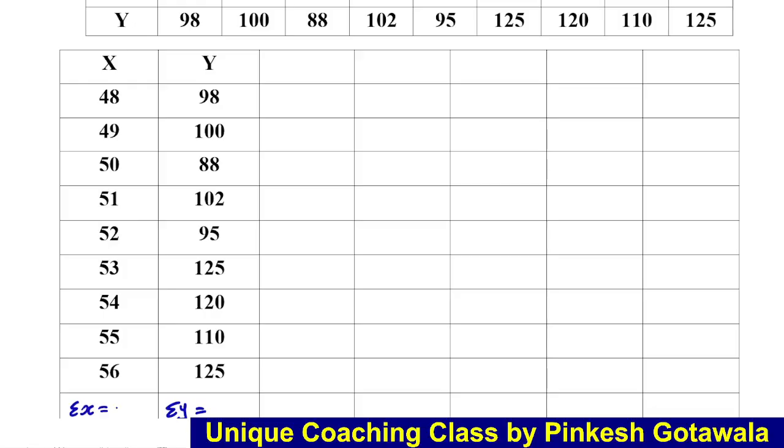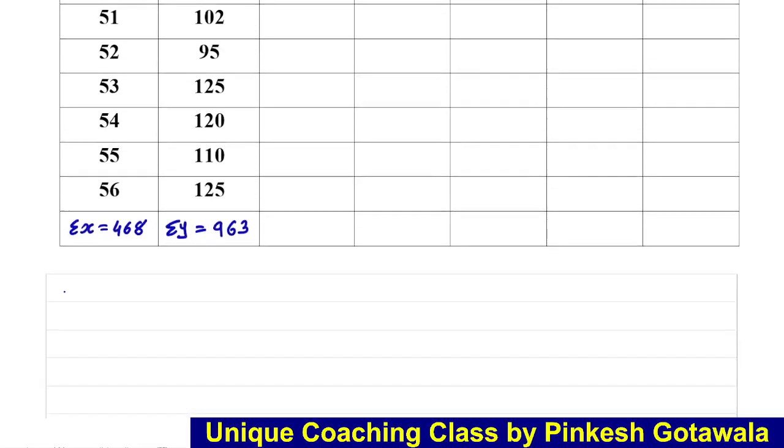Total is here 4, 6, 8, and this side 9, 6, 3, and the number of observations is 1, 2, 3, 4, 5, 6, 7, 8, and 9. Okay, there are 9.